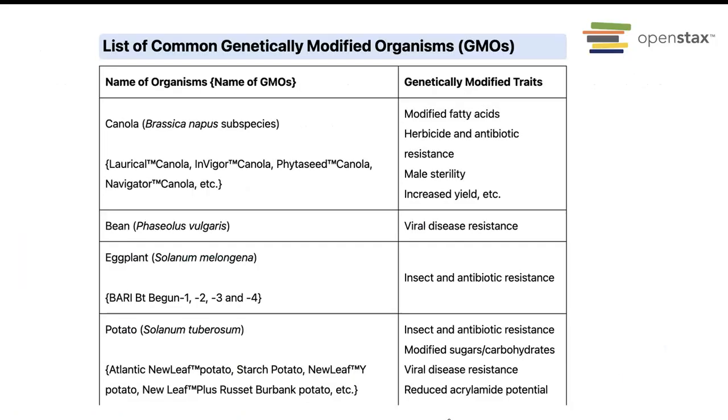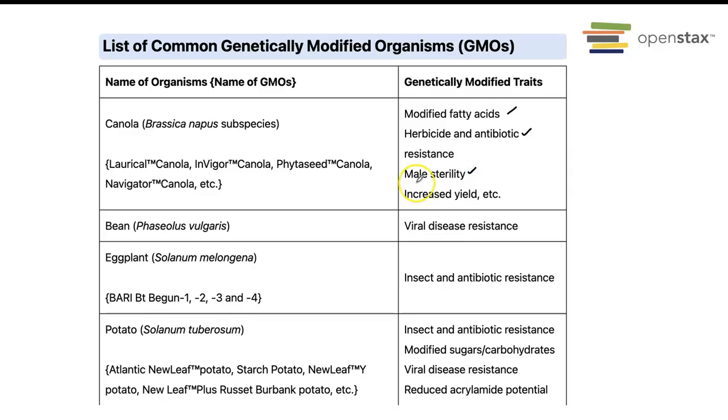And then just lastly, I wanted to introduce some common genetically modified organisms that you know, right? So these are out there right now. Canola, like the canola oil plant. These are the different names that they go by. They modified the fatty acids, and modified it to have herbicide and antibiotic resistance. There's male sterility.